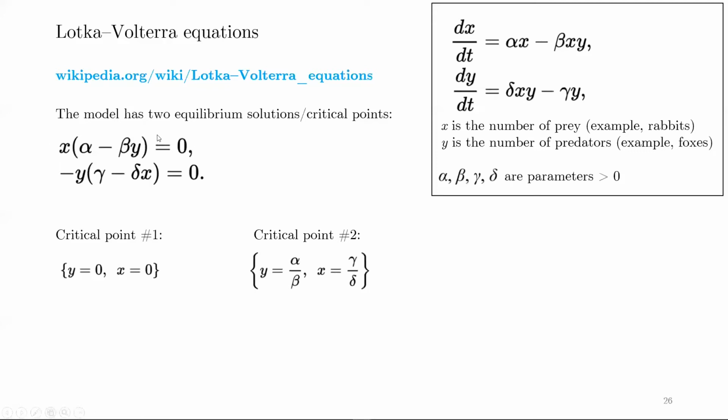That equation is still 0. But to make this equation 0, x is going to have to be gamma over delta. So if we go delta times gamma over delta, we get gamma minus gamma is 0. So there is a second critical point which depends on the value of these parameters. And remember, these parameters are always positive.